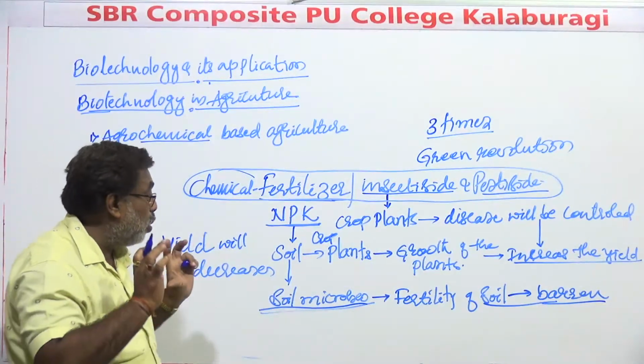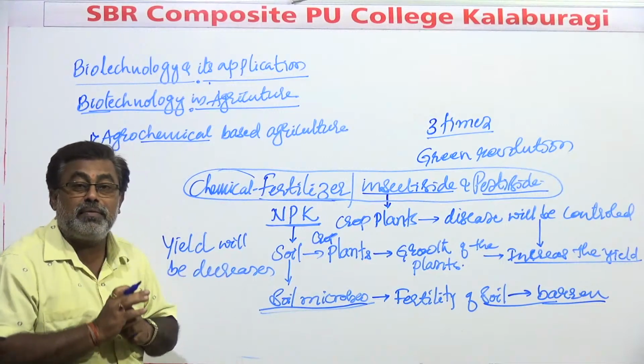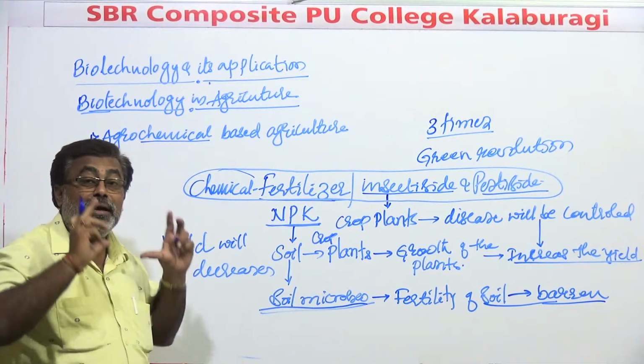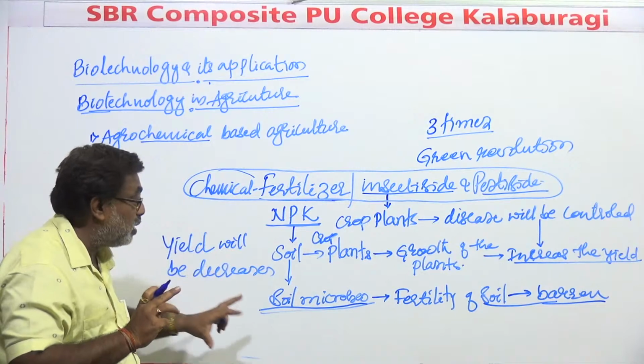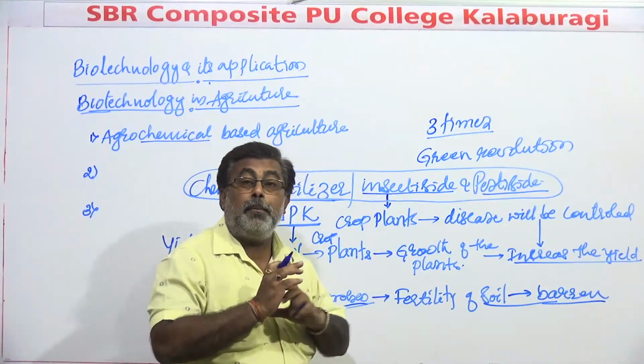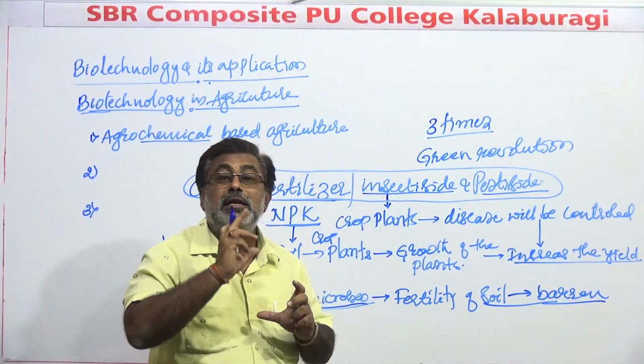The soil is not suitable for the growth of the plant, so the chemicals will convert the fertile soil into barren soil by continuous use.